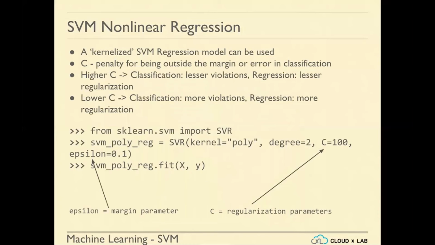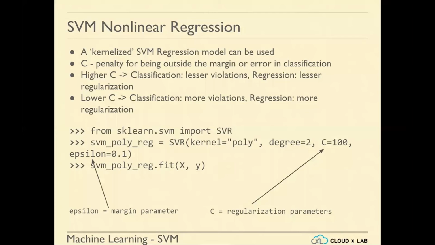And C is the penalty of being outside the margin or error in classification, right? C is that penalty. The higher the C, there'll be fewer violations in case of classification, and in regression, there'll be less regularization. All right, I thought it the other way. If you have higher C, there'll be fewer violations. I was thinking it'll be more violations.